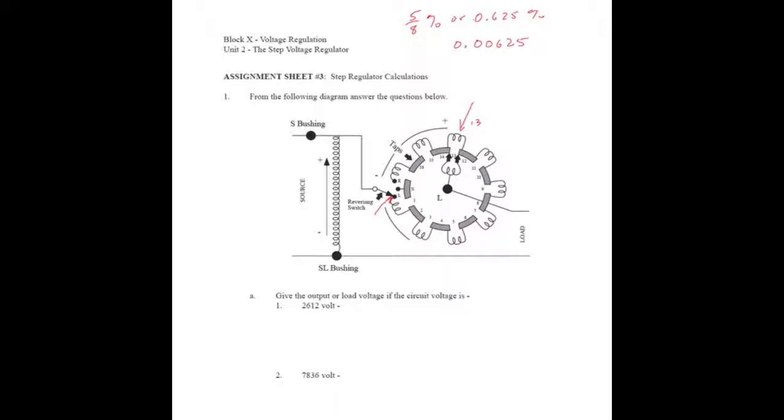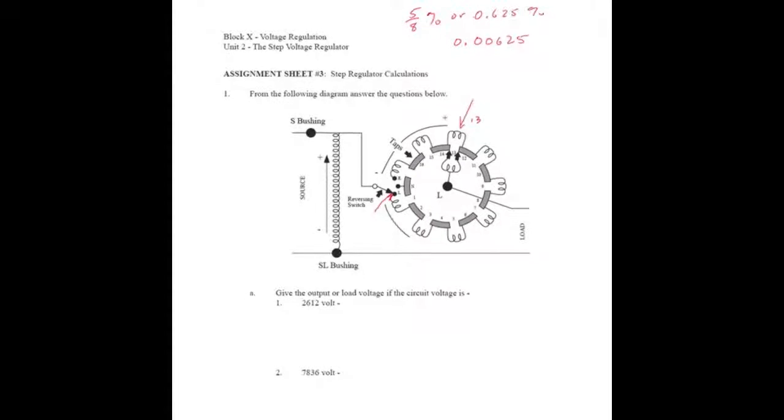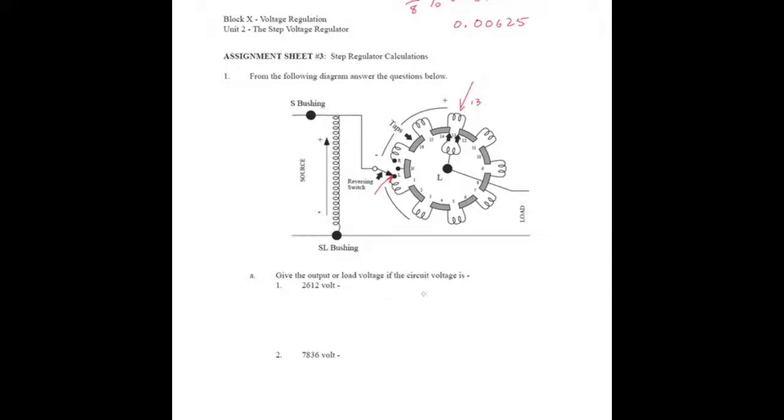In question 1A, the circuit voltage is 2612 volts. So 2612 is lowered to the 13th position.